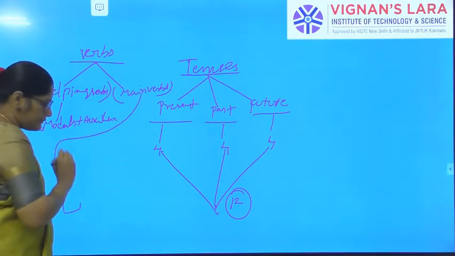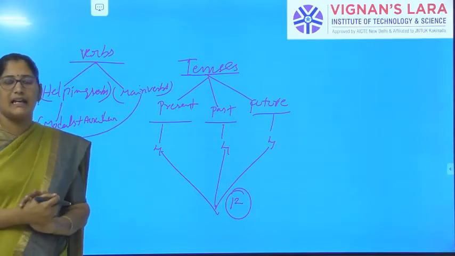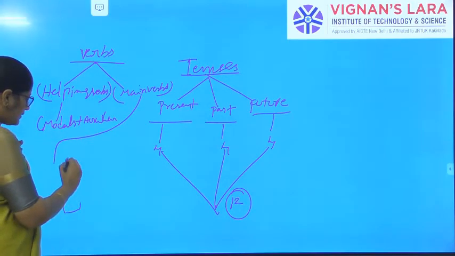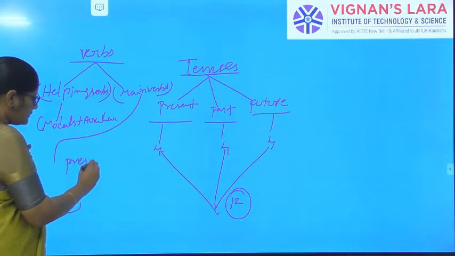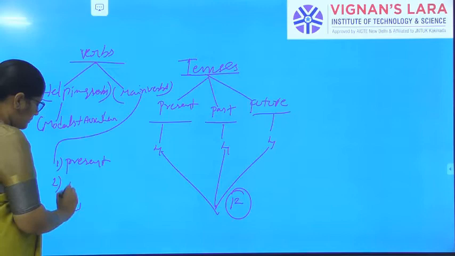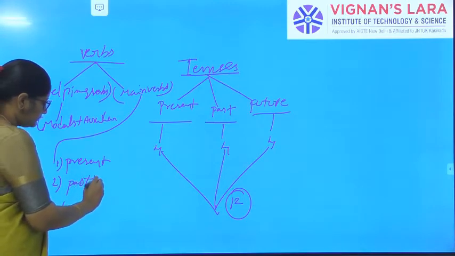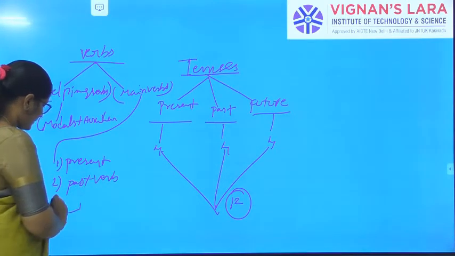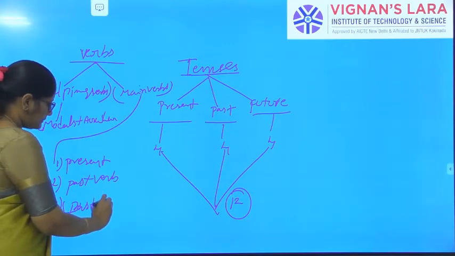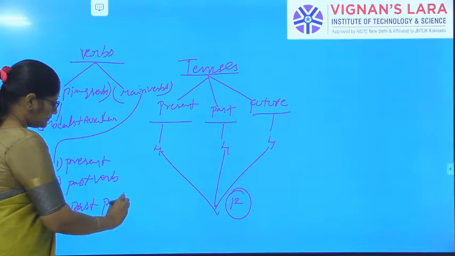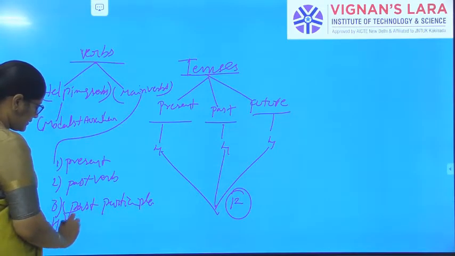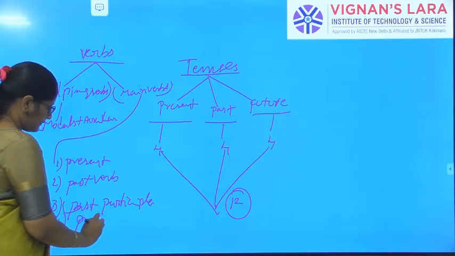Main verbs are again divided into three parts: present verb, past verb, past participle, and next, progressive.